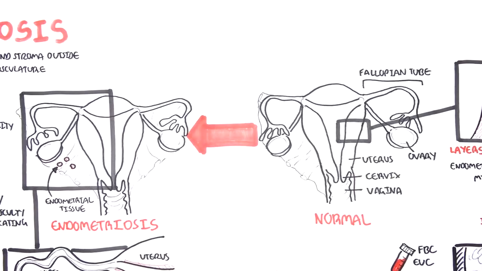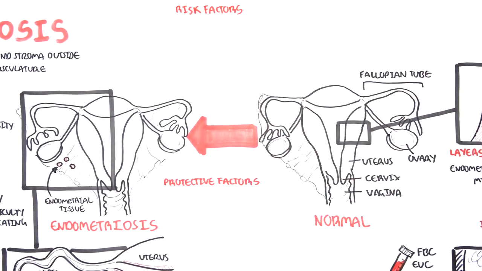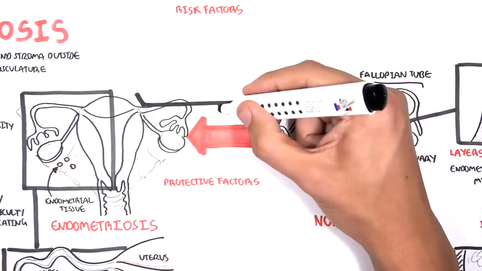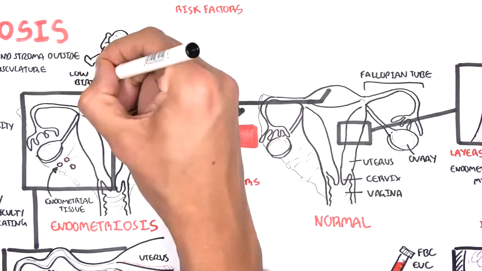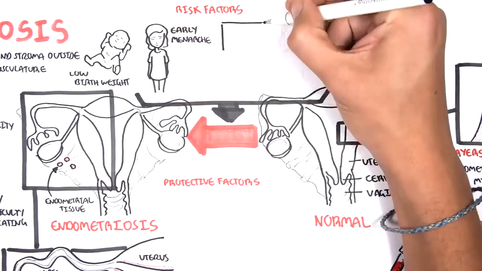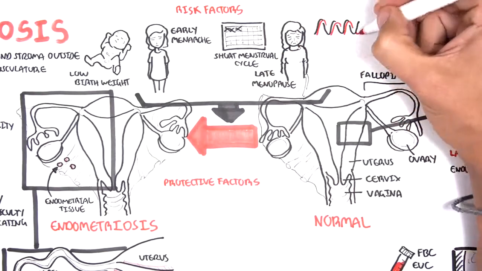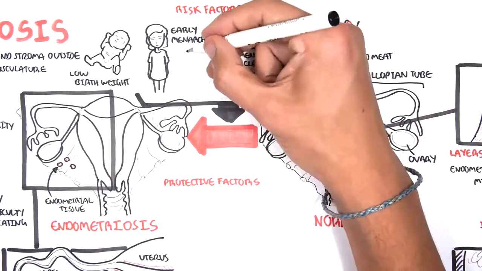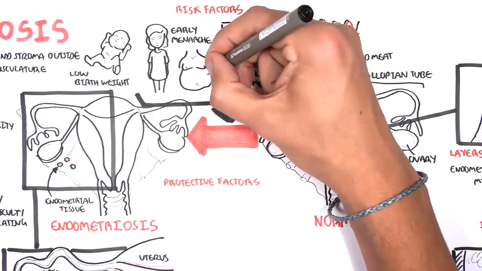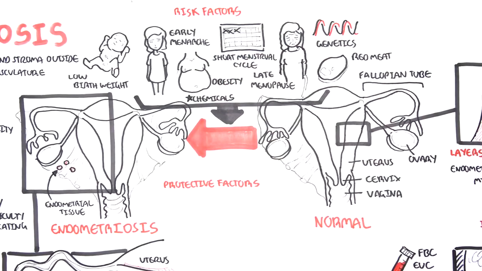Although the exact mechanism of endometriosis is unknown, there are some possibly known risk factors, including a low birth weight, early menarche, short menstrual cycle, late menopause, certain genes, genetics, and eating heaps of red meat is also a risk factor, obesity, and certain chemicals increase your chances of developing endometriosis.